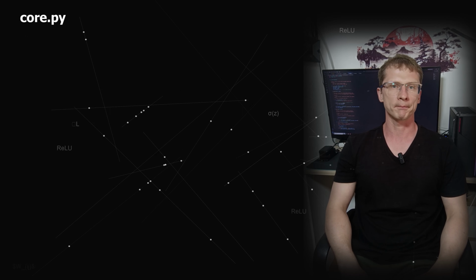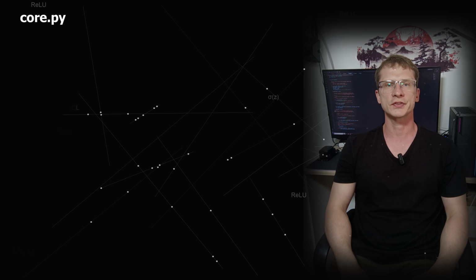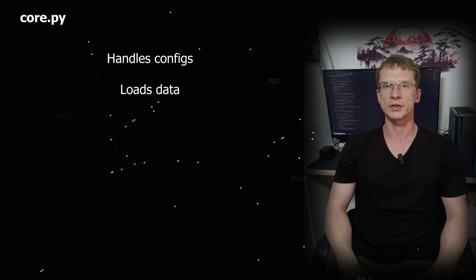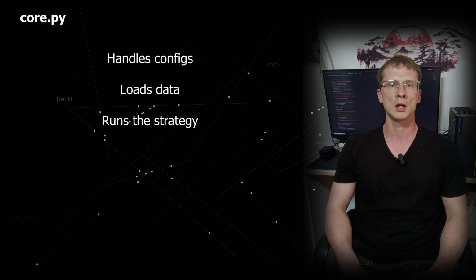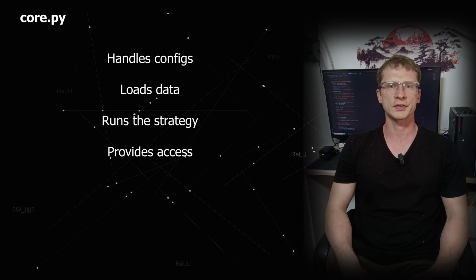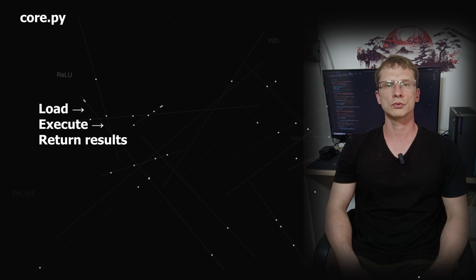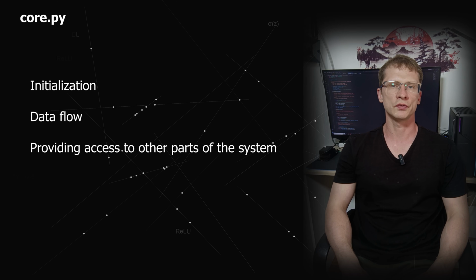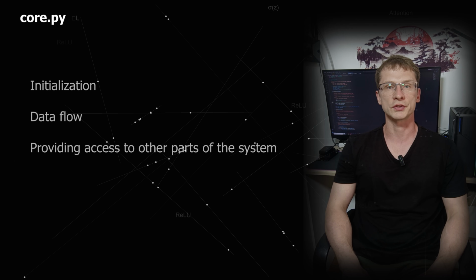Next, core.py. Now we are getting to the heart of the system. Core engine is a central orchestrator. It handles configs, loads data using data loader, runs the strategy via a rule-based aggregator, and provides access to prices and indicators. Its main job is to load, execute, return result. The class handles initialization, data flow, providing access to other parts of the system.